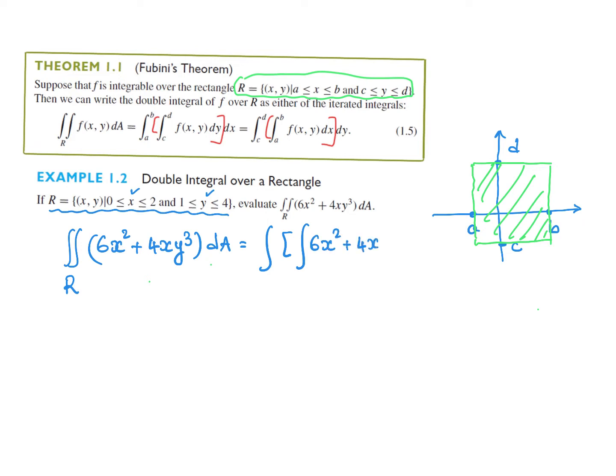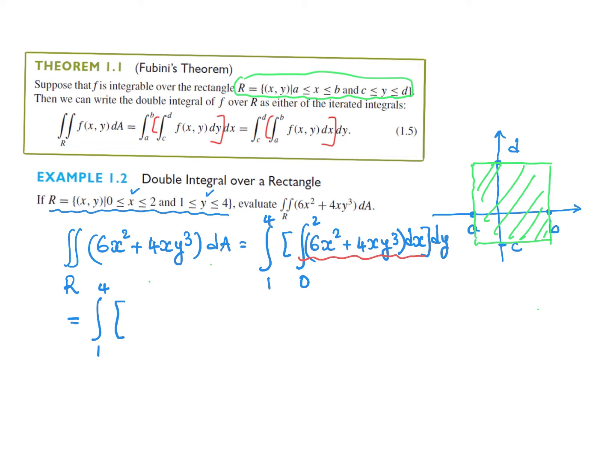So I will integrate with respect to x from a to b, here 0 to 2. And then the result will be integrated with respect to y from 1 to 4, like this. So we keep 1 to 4, and then we integrate. Okay, we're going to calculate this integral here.